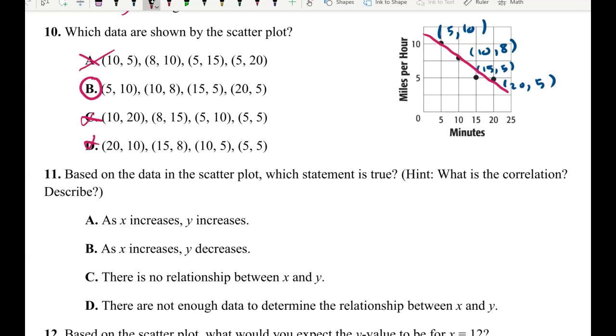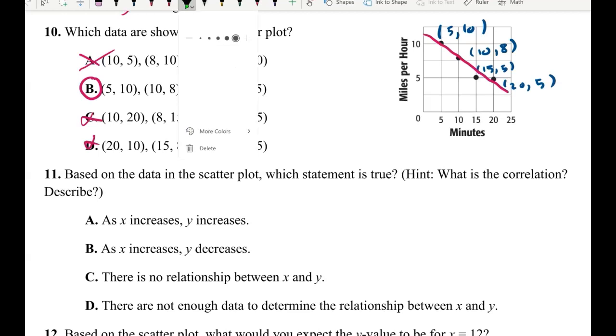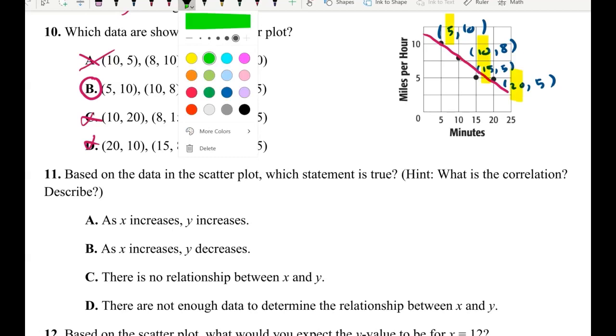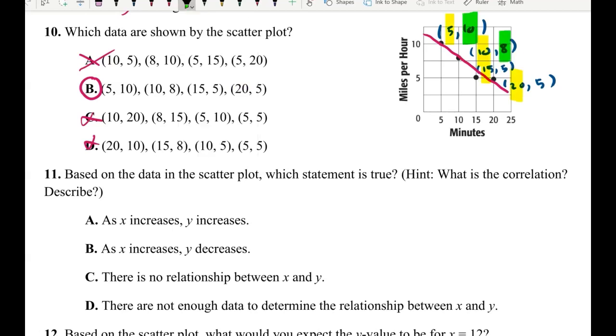So the first description, part A: as x increases, the y value increases. Let's look at the points. X is 5, 10, 15, and 20. As x increases, the y value goes from 10 to 8 to 5 to 5, so it decreases.